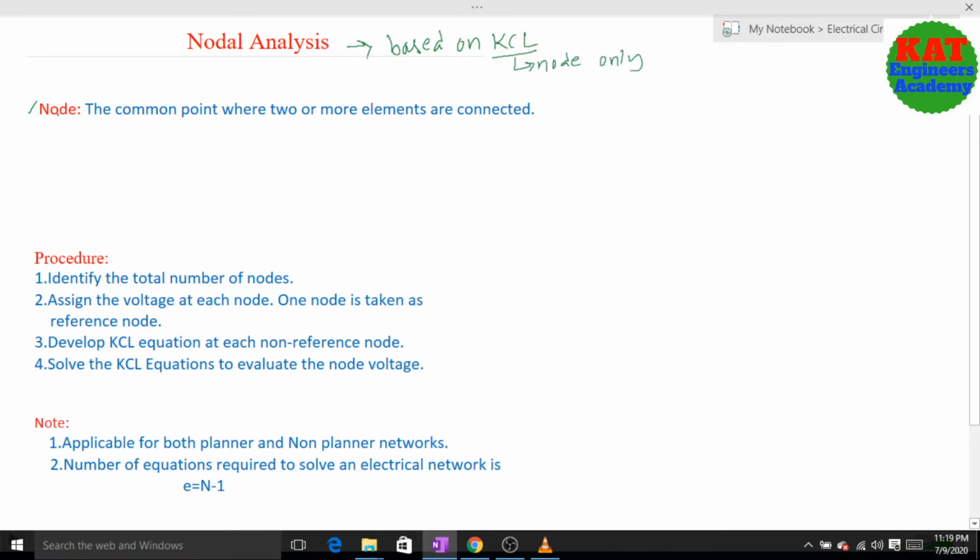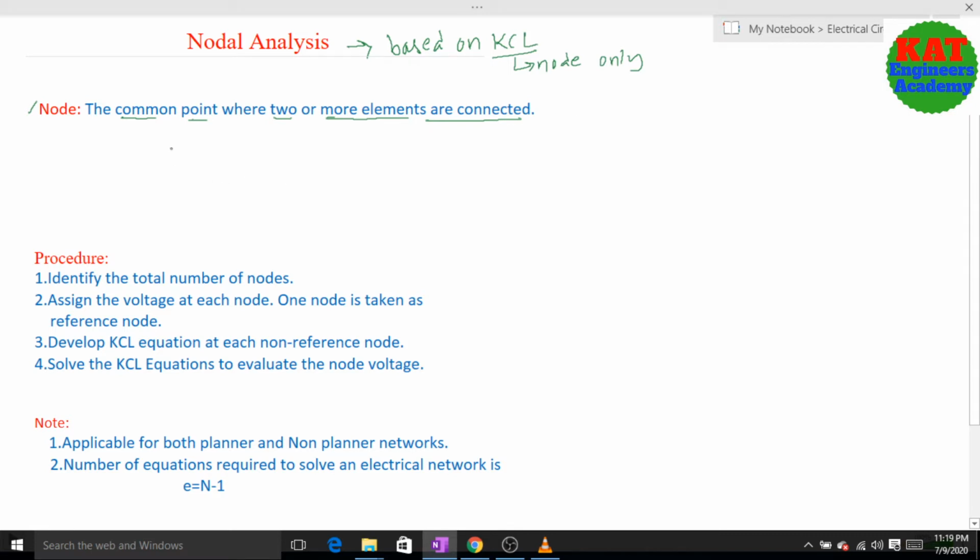Already you know what a node is, and here I have given the definition: the common point where two or more elements are connected is known as a node. Whenever you consider an electrical network, if two elements or three elements are connected at a point, it is known as a node.